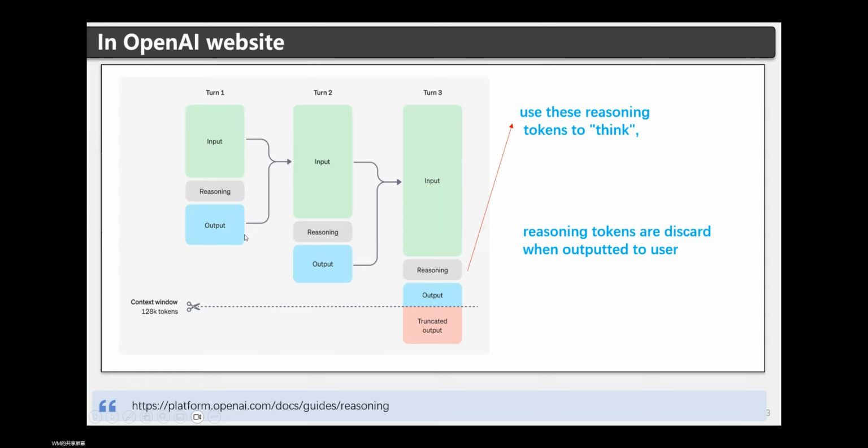After outputting the reasoning tokens, the model will further output the output tokens. Another important thing to notice is that the reasoning tokens will not be delivered to the user, which is why they are marked as gray in this figure.